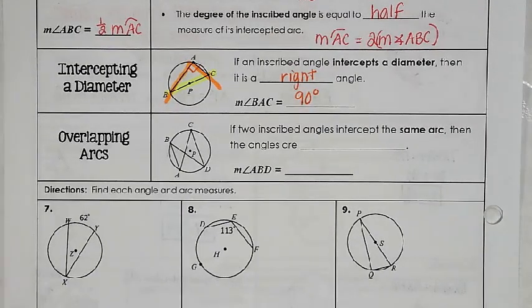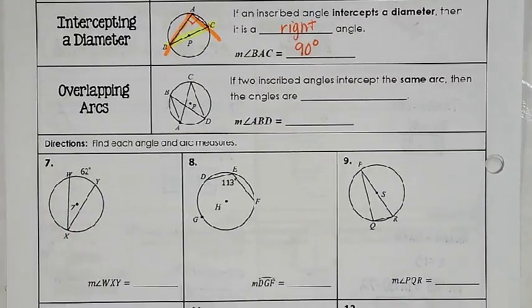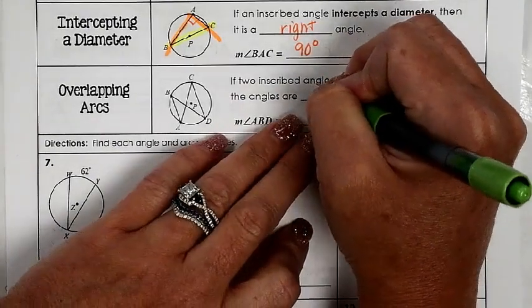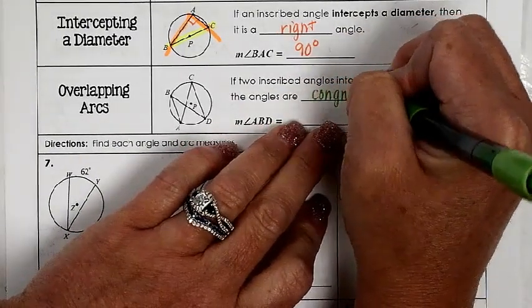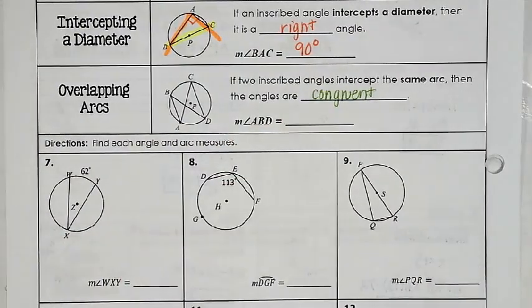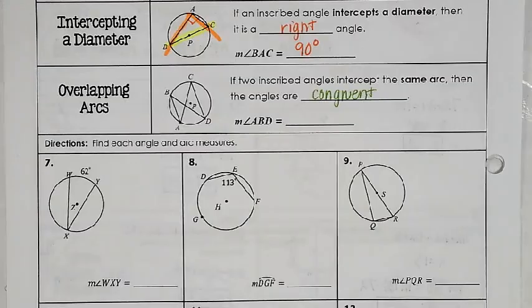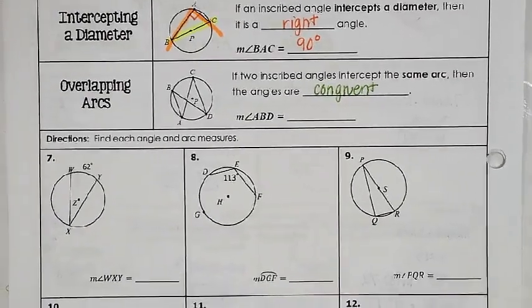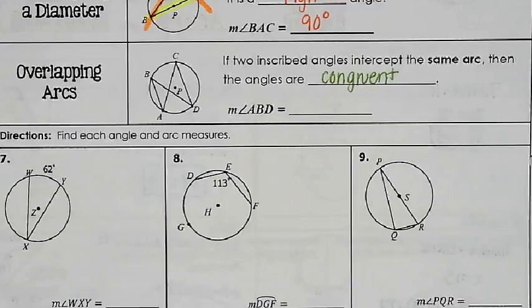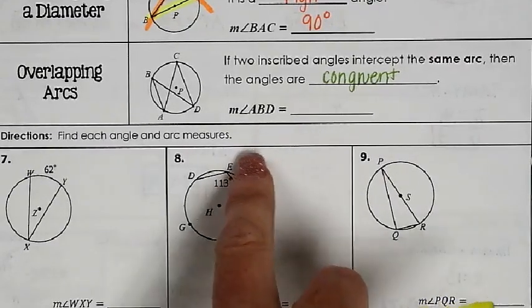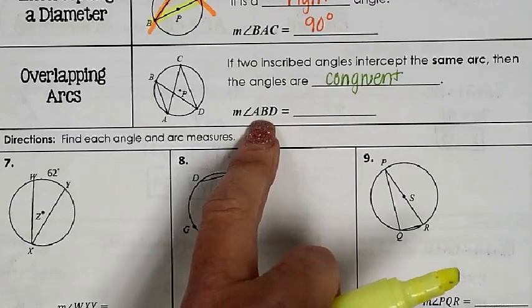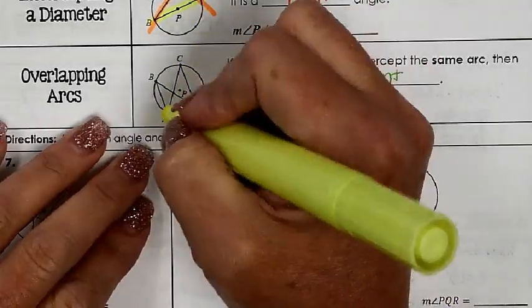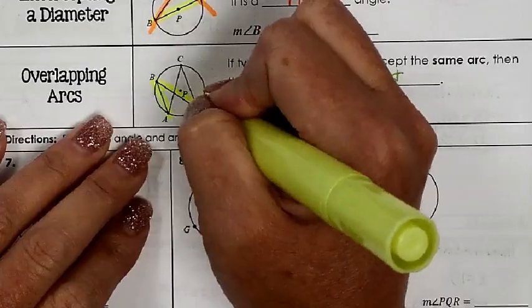Then we have overlapping arcs. If two inscribed angles intercept the same arc, then the angles are congruent. So I have several different angles here. If you look, we're going to use the measure of angle ABD. So ABD is right here. It intercepts this arc right here, AD.